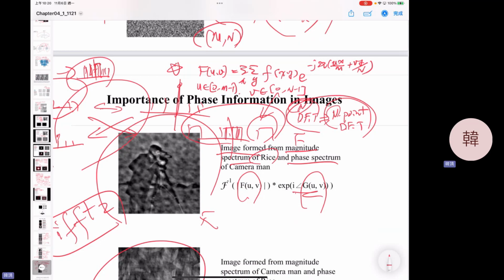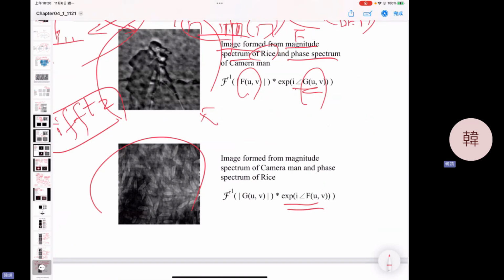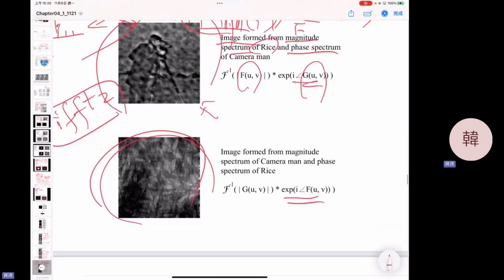So just to let you know, the phase spectrum is very important. And this one is the cameraman magnitude spectrum, but using the rice phase spectrum to inverse process your frequency spectrum back to a real image, unfortunately the image is screwed up.